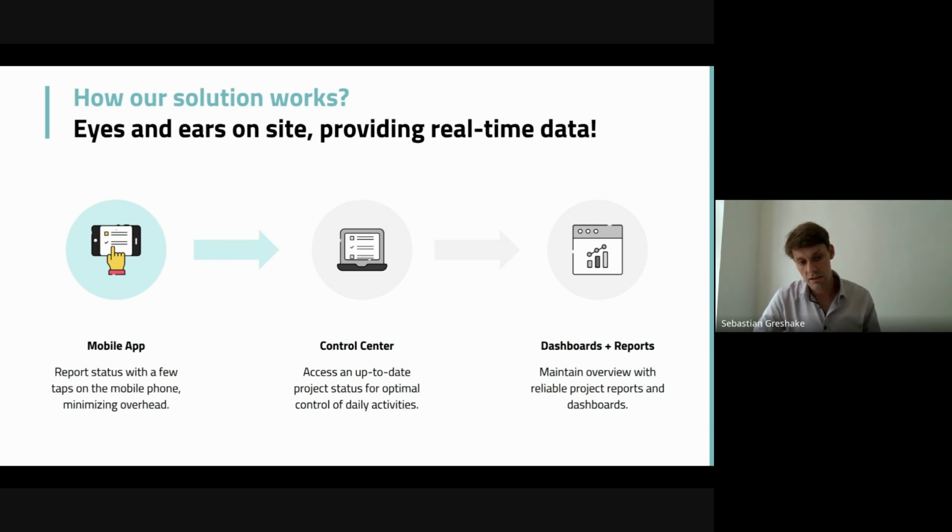This is really important because, first of all, it minimizes the reporting overhead for those people significantly. That's good because you save a bit of money, but most importantly you drive the adoption. You need to convince those people to actually do that. And if the overhead is minimal compared to manual reporting, then of course you get an advantage. And if they are motivated to report, you get the data you're looking for.